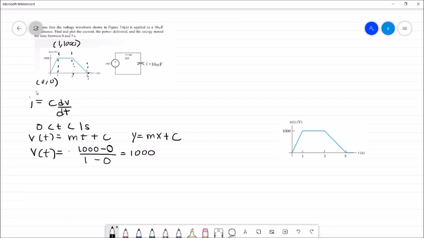It is for m, and then the intersection, which is c, is 0. So you can write the equation as 1000t.